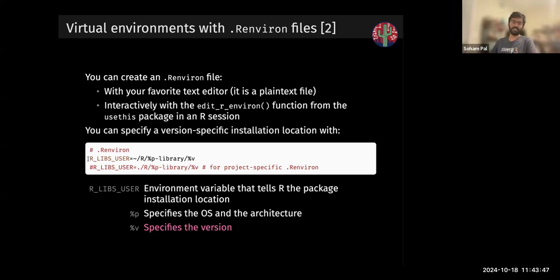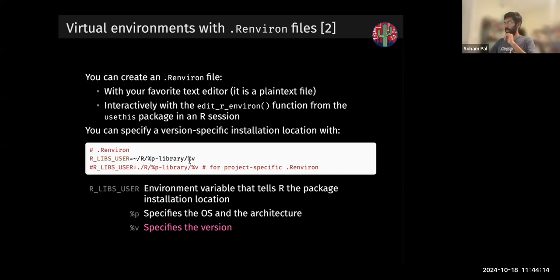So if you just put R_LIBS_USER equal to this, then each time you try to install a package in R, it will install that in a particular version directory, right?